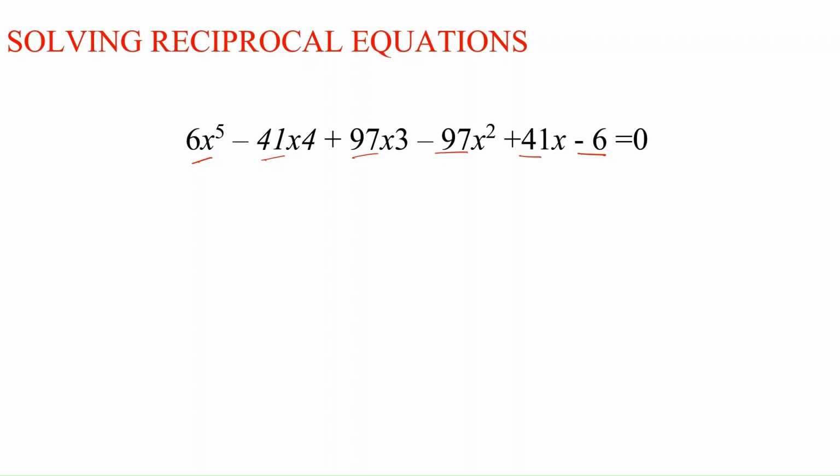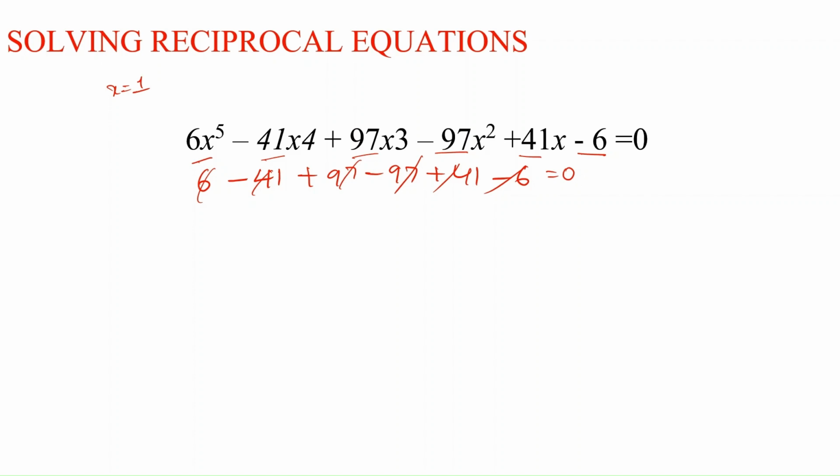Now for type 2 and odd degree, we have seen that x is equal to 1 will satisfy the equation. We'll check it now. When we put 1, it becomes 6 minus 41 plus 97 minus 97 plus 41 minus 6. Now 6, 6, 41, 41, 97, 97 cancel, and it is equal to 0, which means x is equal to 1 is satisfying.